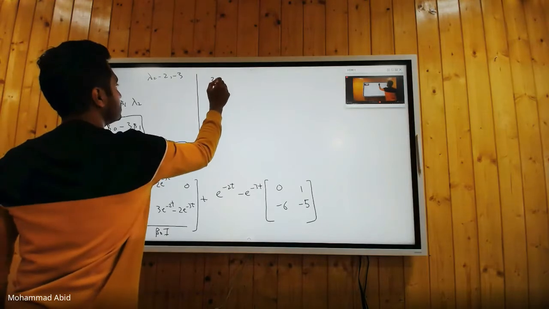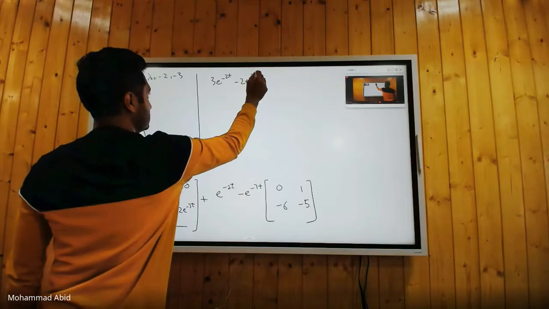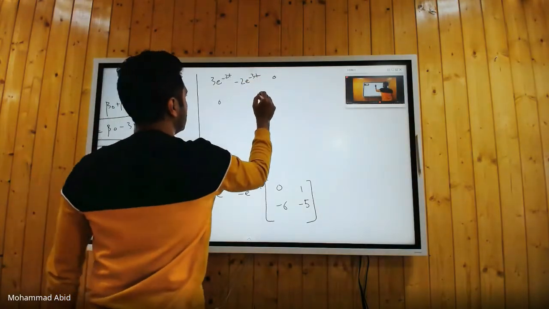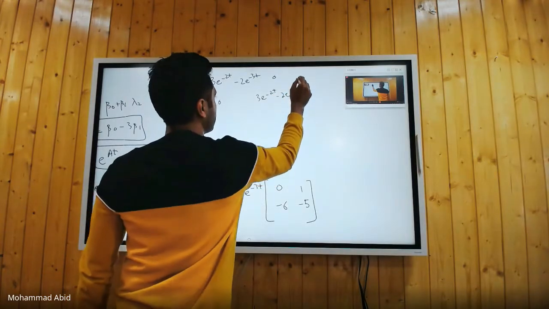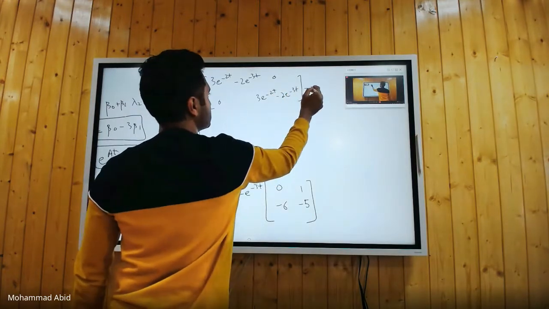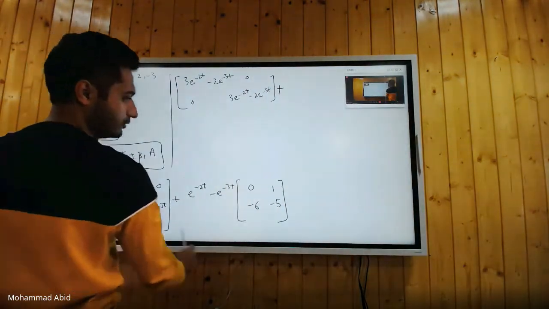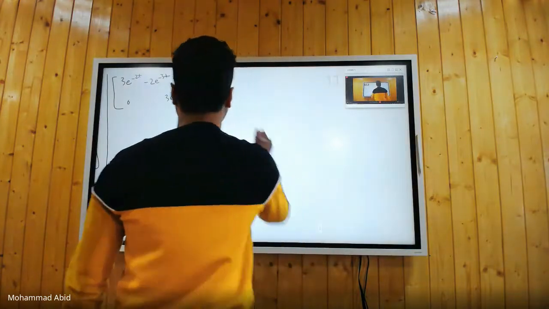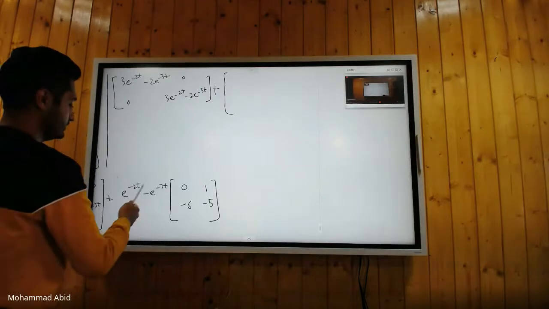This is 3 e to the power minus 2t minus 2 e to the power minus 3t. This is 0, 0. 3 e to the power minus 2t minus 2 e to the power minus 3t, plus you have this thing. Multiply each entry with this.